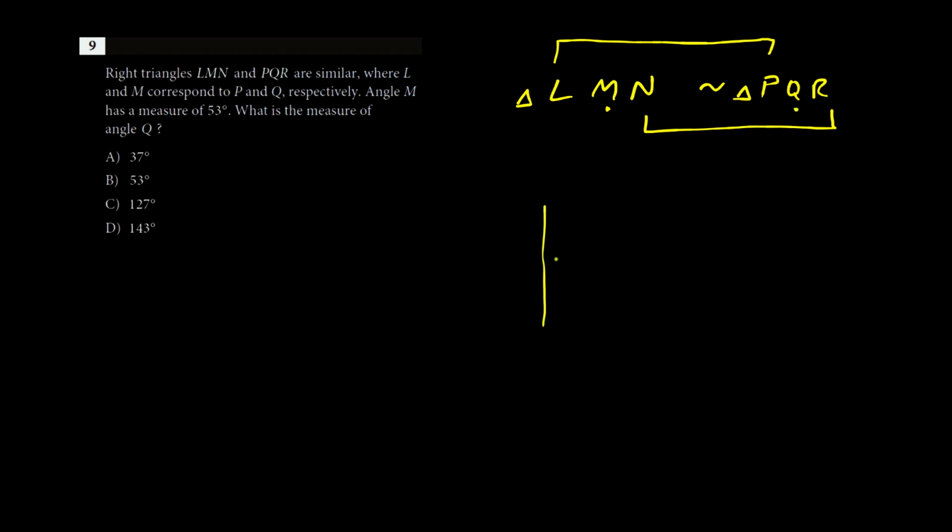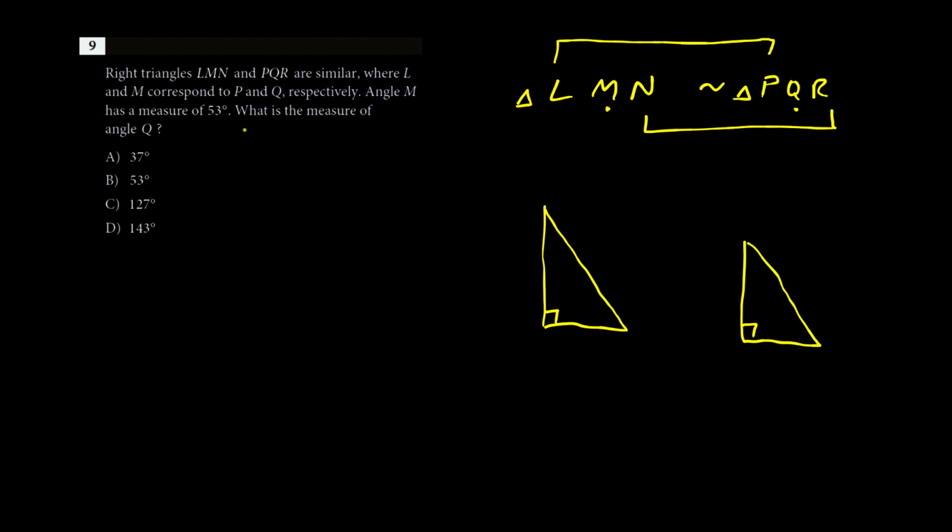So when I go ahead and draw my right triangles, I need to label them properly. So let's just draw 2 triangles, and we can draw them the same size, but they're similar, so I'll make one a little smaller. It says L and M correspond to P and Q, so they're telling us that also.